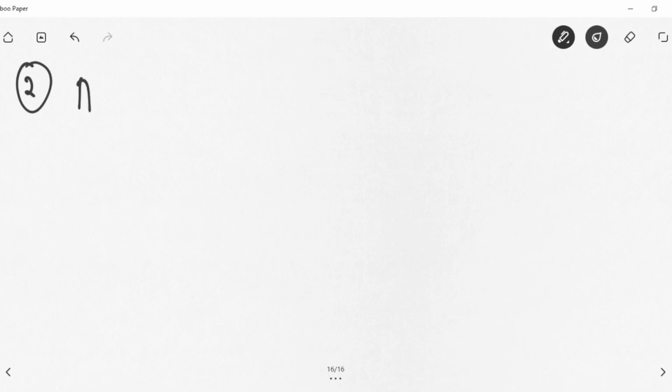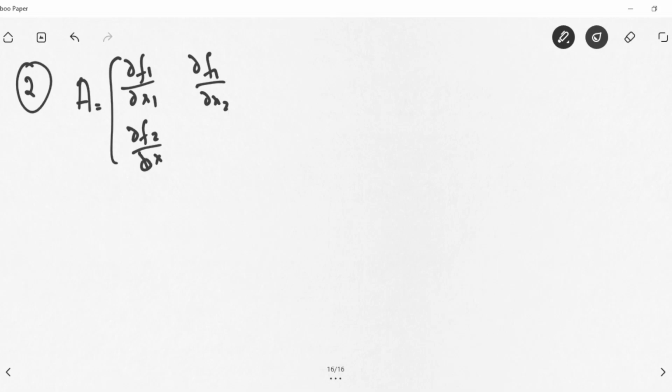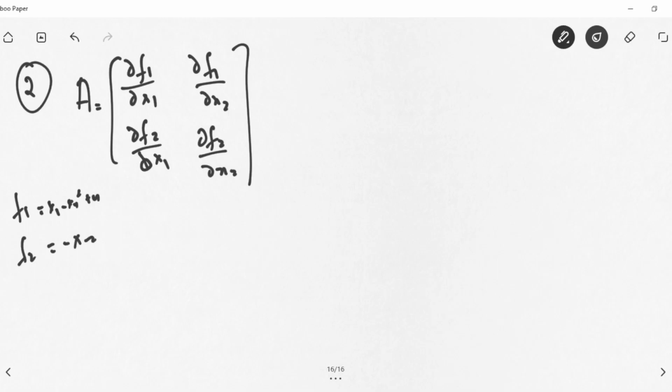A matrix: delta f1 by delta x1, delta f1 by delta x2, delta f2 by delta x1, delta f2 by delta x2, where our f1 is x1 minus x1 square plus u, and f2 is minus x2.